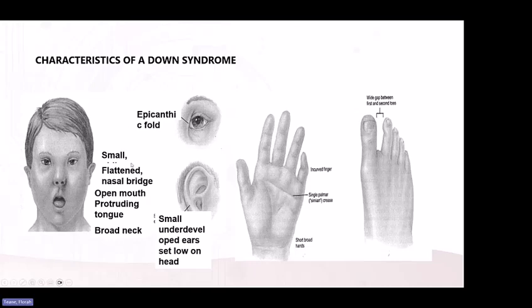And they normally have a small, flat nasal bridge. Their mouths are open with a protruding tongue. They have a very broad neck. Their ears are very small and underdeveloped, and they are situated low on the head.